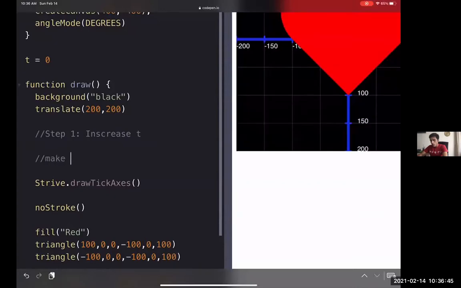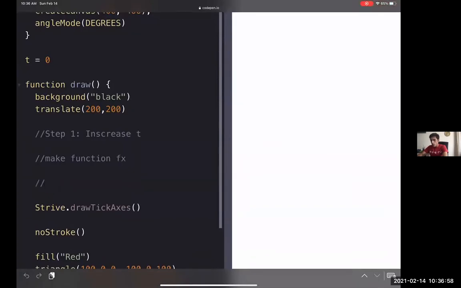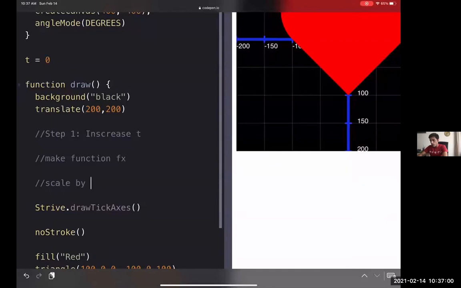Make function f of x, which is sine, and then scale by f of x, right?